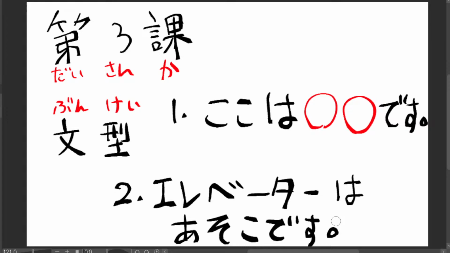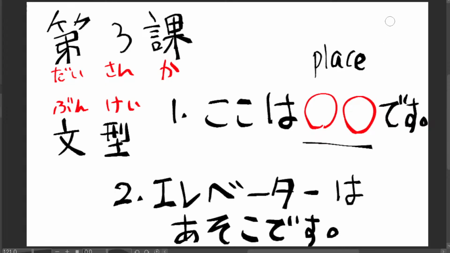For example, if we're just talking about the toilet, ここはトイレです。Or if you're trying to say that here is your room, ここは私の部屋です。So this is my room. It's a place.